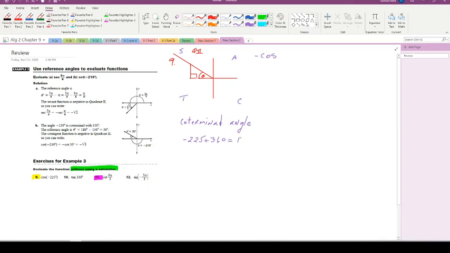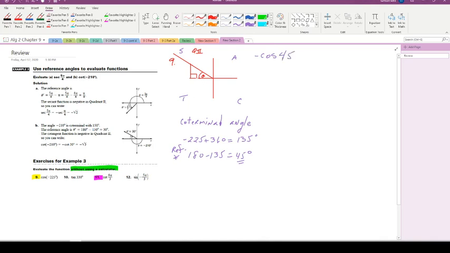That equals 135 degrees. Well, don't I need the reference angle? The reference angle in quadrant 2 is 180 minus 135, which equals 45 degrees. And that's the angle I'm looking for, negative the cosine of 45 degrees.